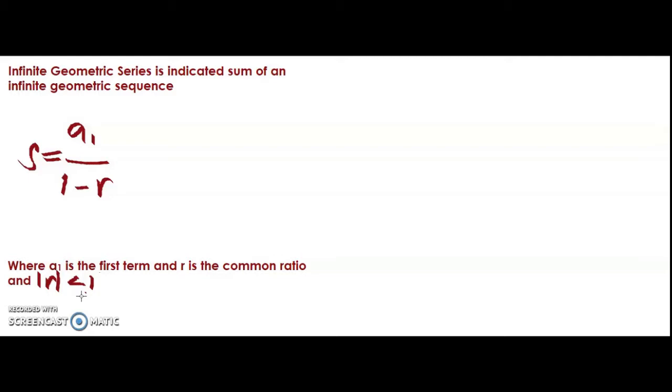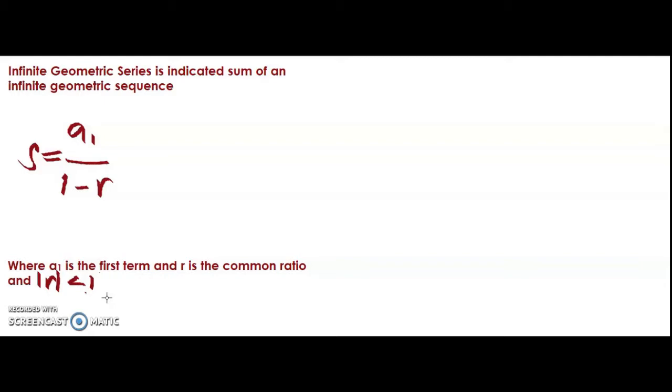So we can conclude for the sum of that particular infinite geometric series. Kasi if the common ratio is greater than 1, we cannot really calculate the sum of this particular infinite geometric series, and it makes the series divergent.